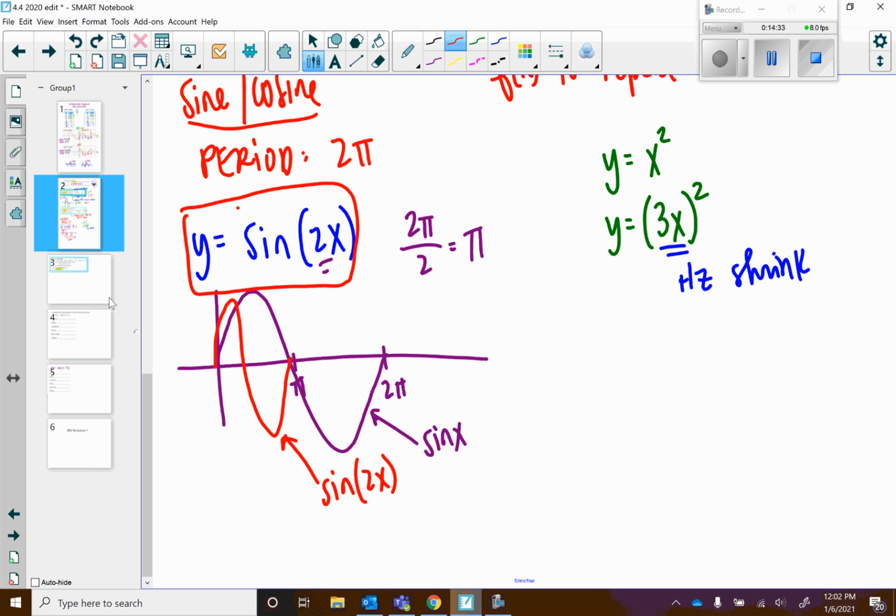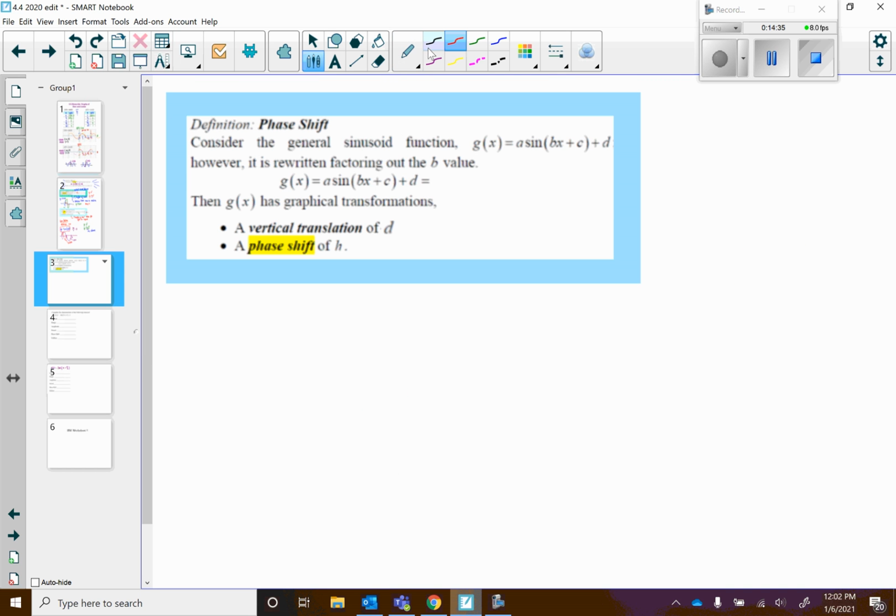Last definition is phase shifts, which really just means, are we moving this function to the left, to the right, up, or down? We have to be a little careful here because we actually want to write that original thing as a factored version. So we really want to factor out b.